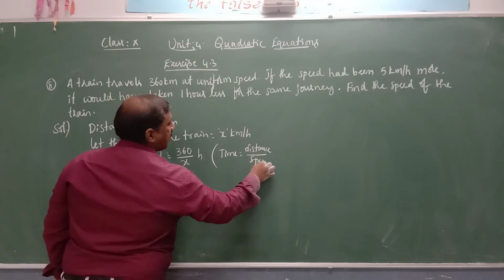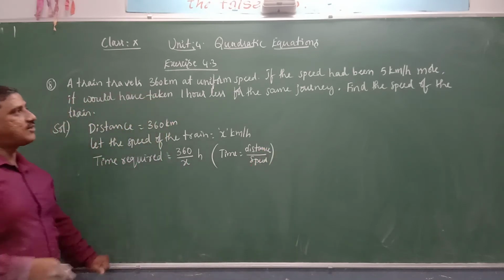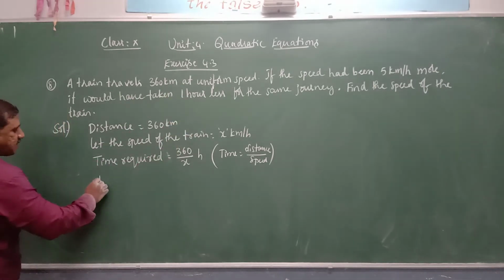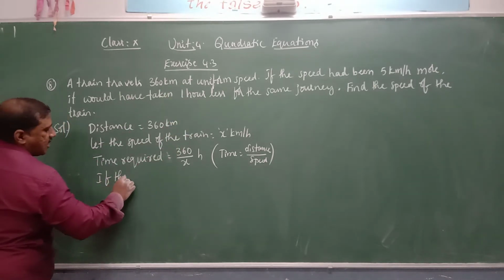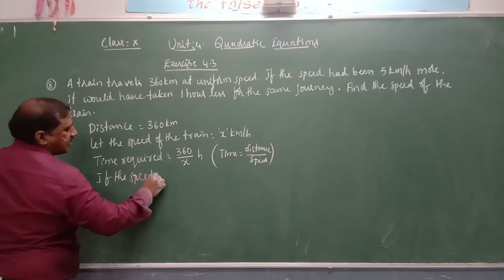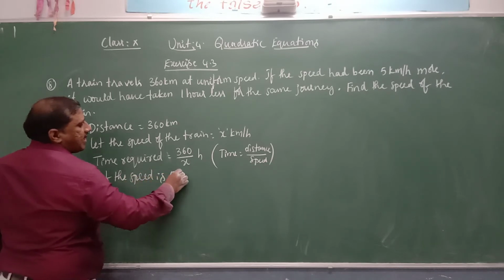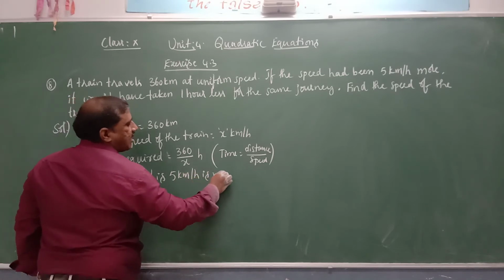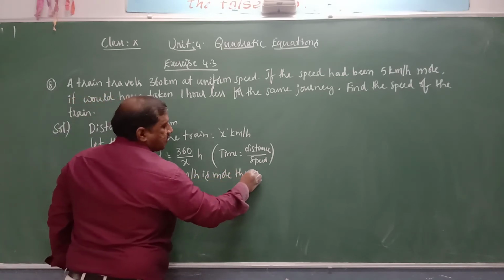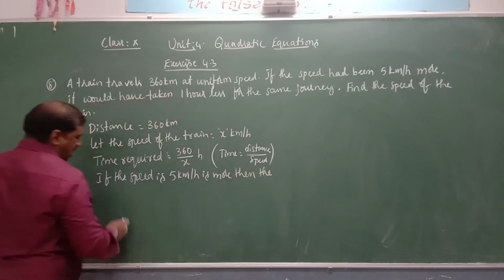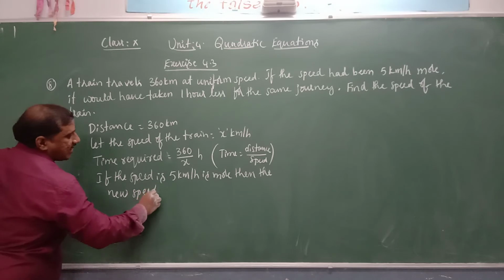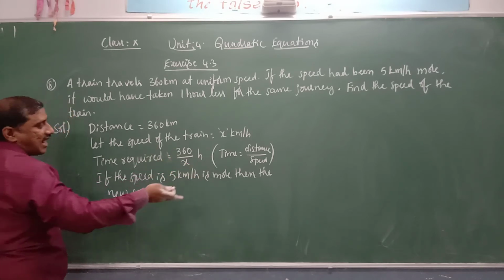Now, the case 2 is speed is 5 kilometers more. If the speed is 5 kilometer per hour more, then the new speed is equals to what? 5 kilometers more means it should be added.